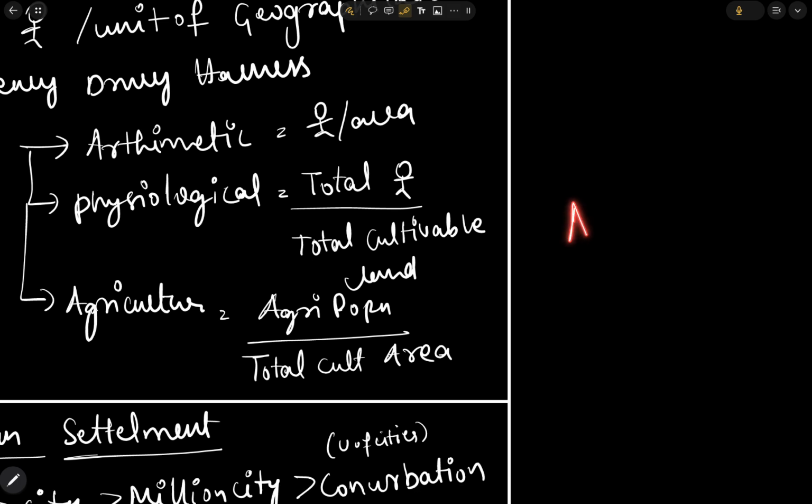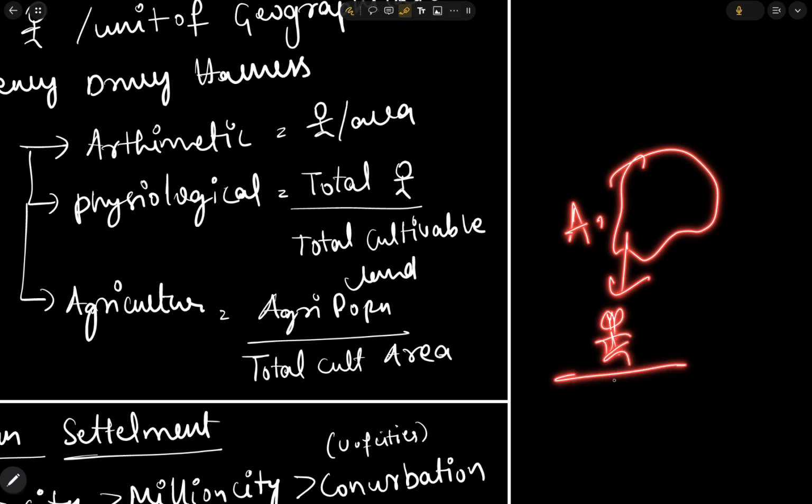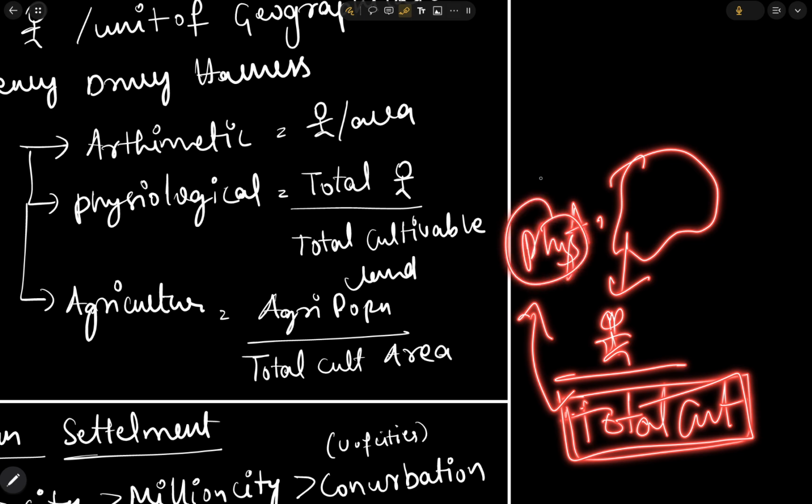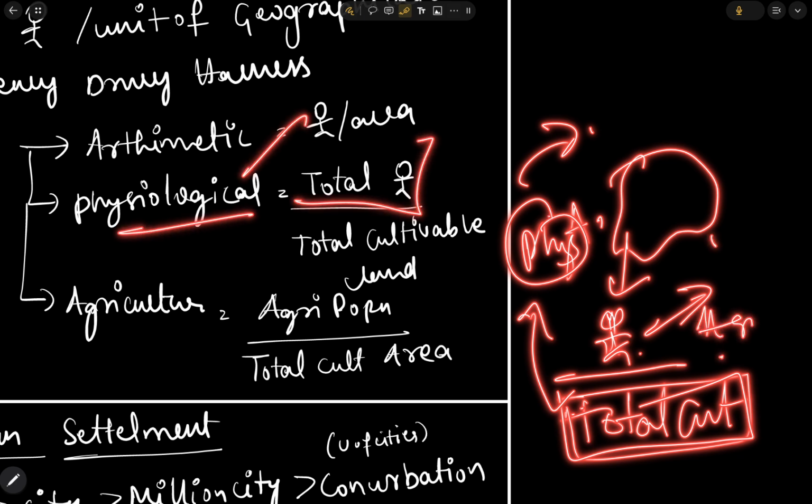That is the population in Telangana who are doing agriculture as an occupation, divided by the total cultivable area. So here the total cultivable area is constant with respect to the physiological population density. Here we take the agricultural population, but with respect to the physiological one we take the total population.